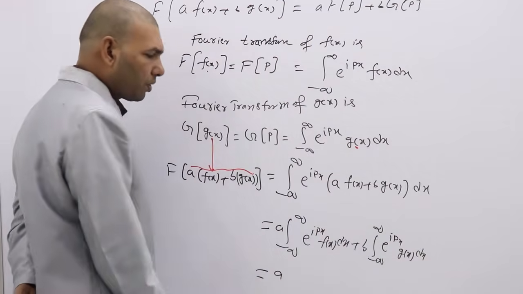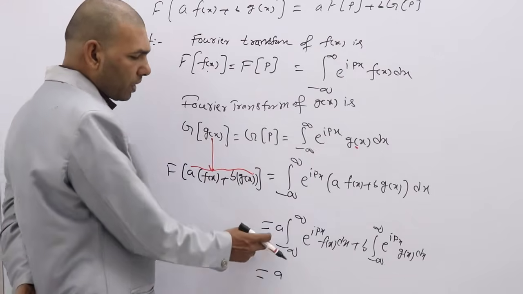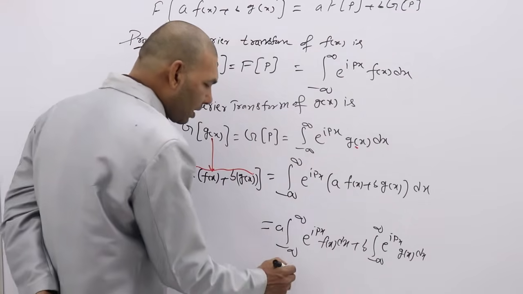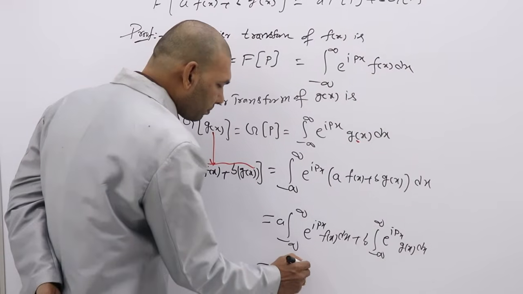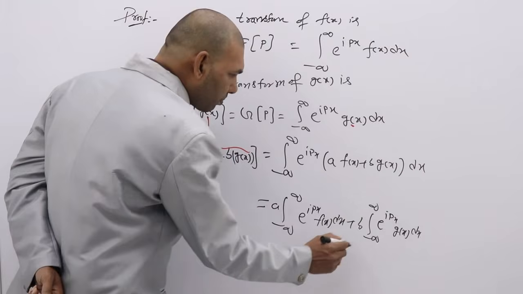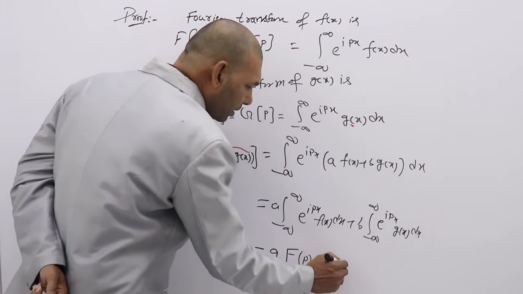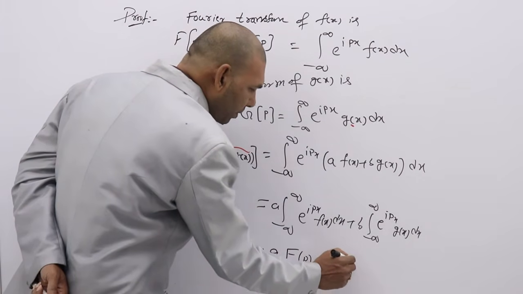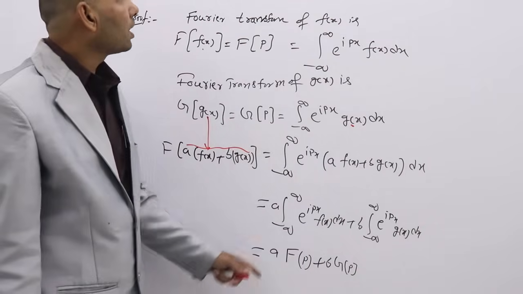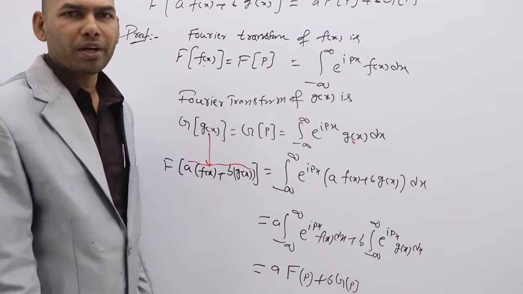So a into this value is F of p plus b into this value is G of p. Okay, this is the linear property of Fourier transform.